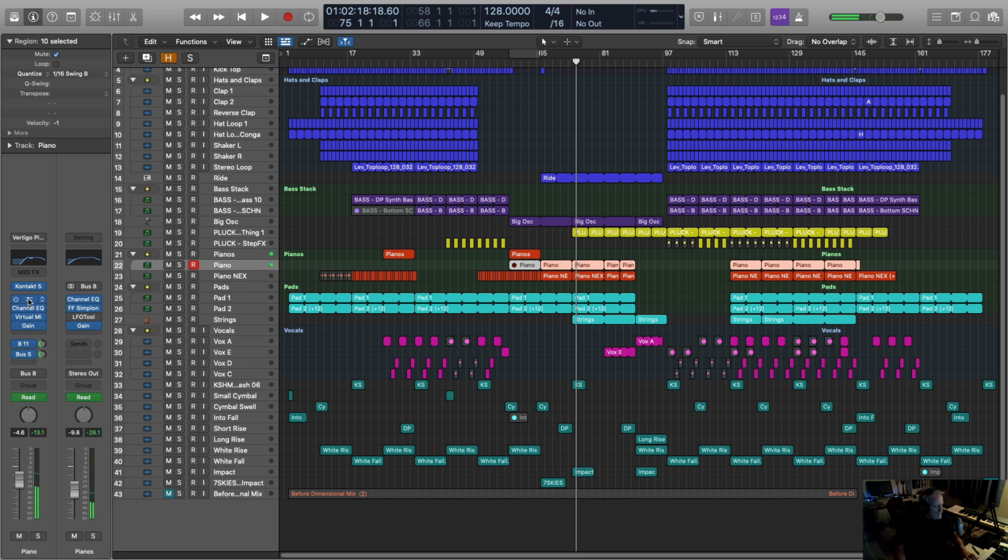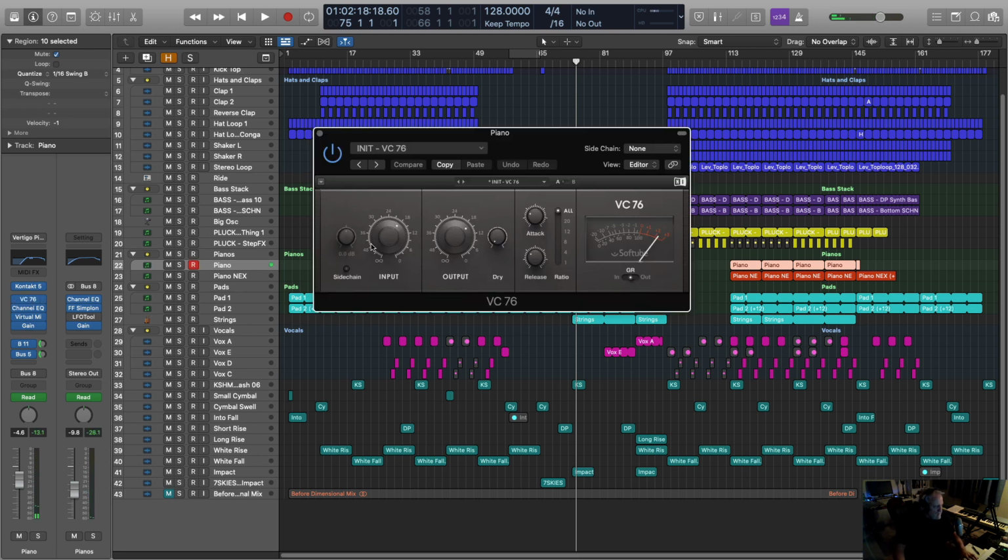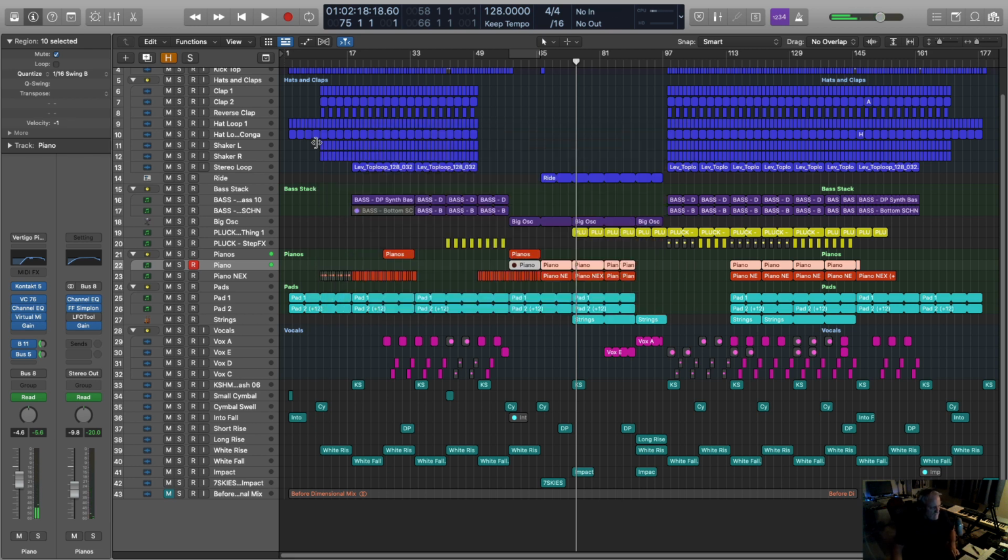I also have a lot of compression on the Grandeur part here. So you get an idea of what it's doing there.